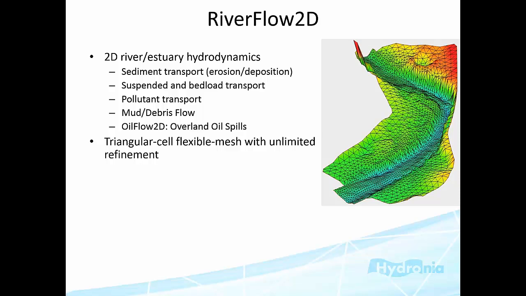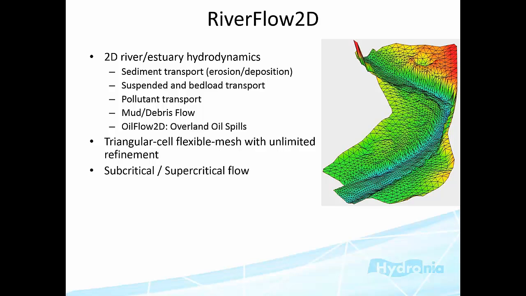It can be refined around any geometry or any topography that you may have to ensure that you capture the important features in your terrain. This is very important because it gives you the flexibility to adapt the mesh to the actual terrain and get much more accuracy in your flooding predictions.